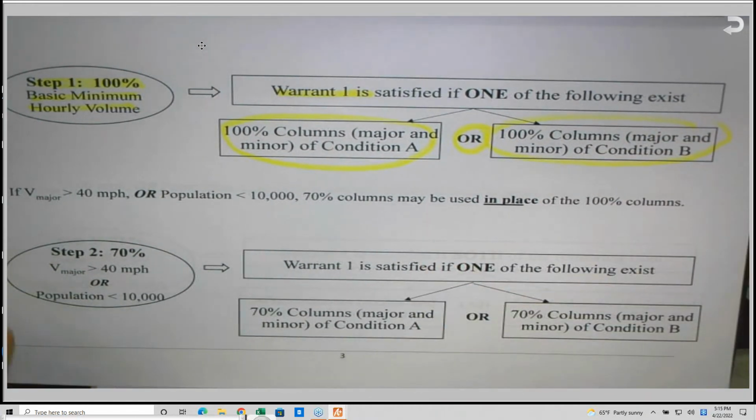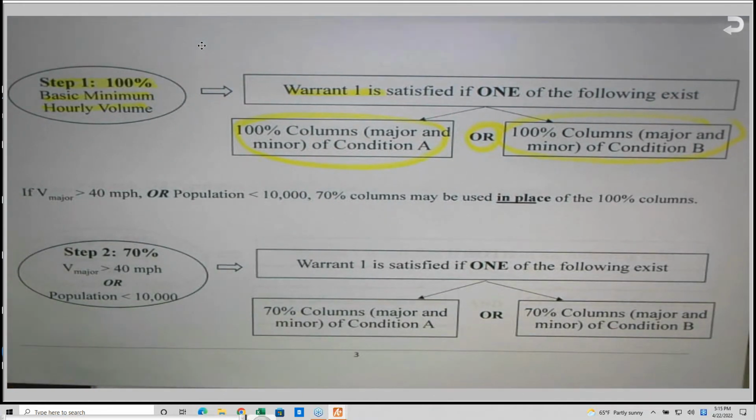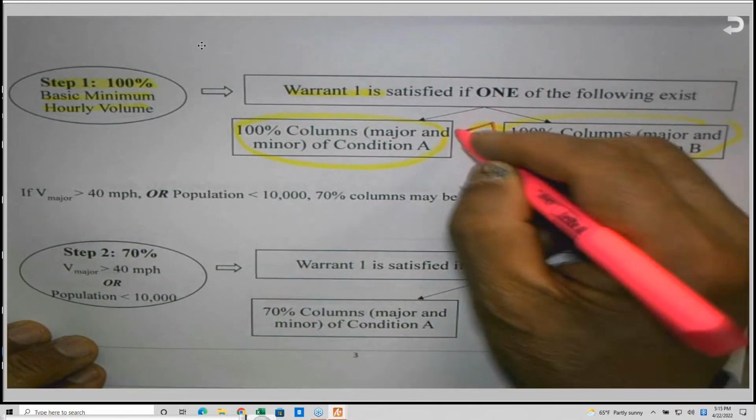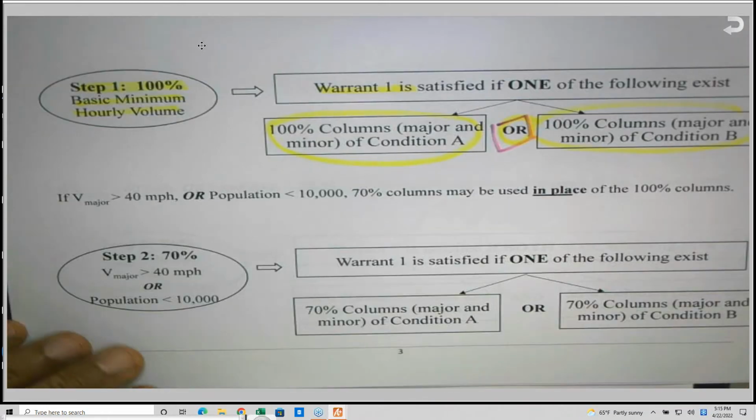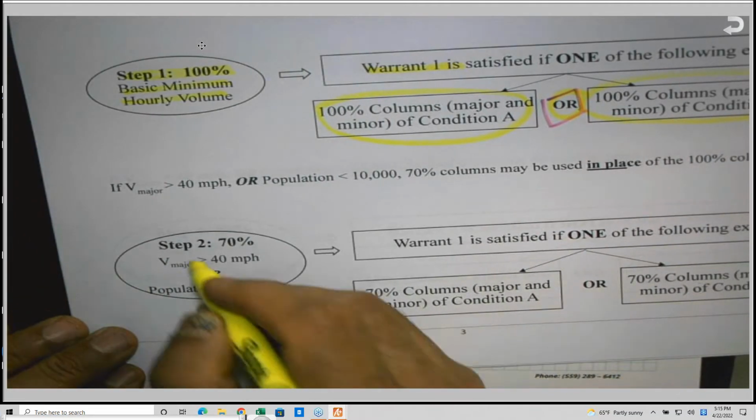So 100%, they call it the basic minimum hourly volume. This or, the word or is very important because we're going to see and in just a minute. The same thing for the 70%.